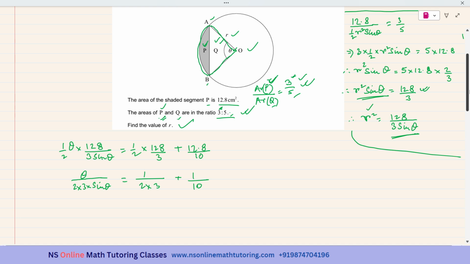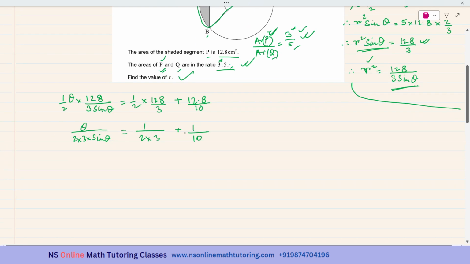Next I multiply the entire equation by 2. So theta over 3 sine theta is equal to 1 over 3 plus 1 over 5.